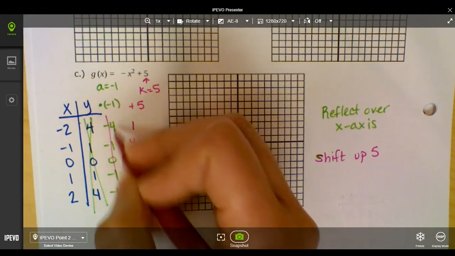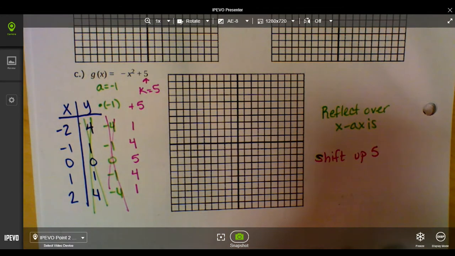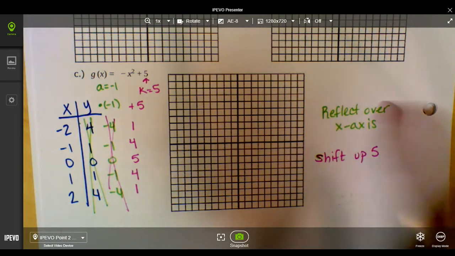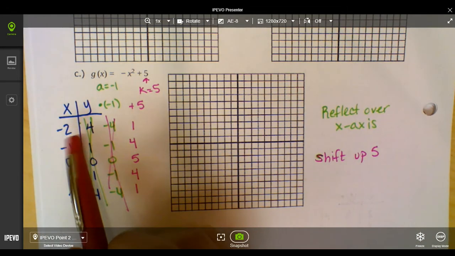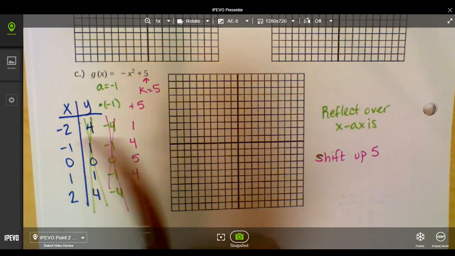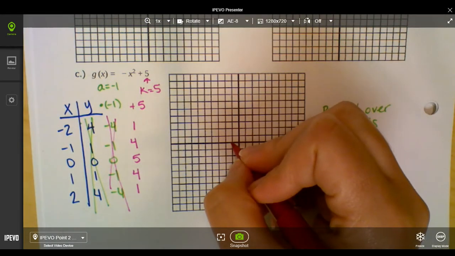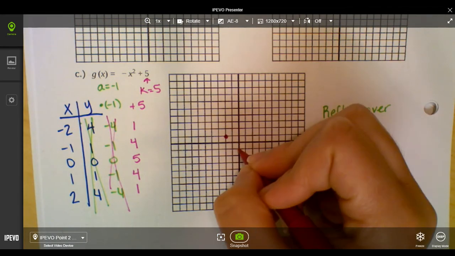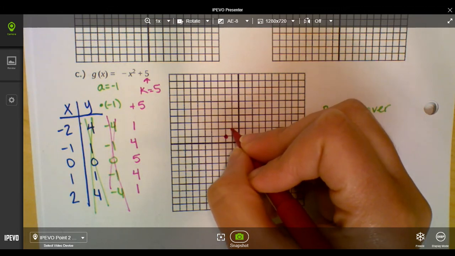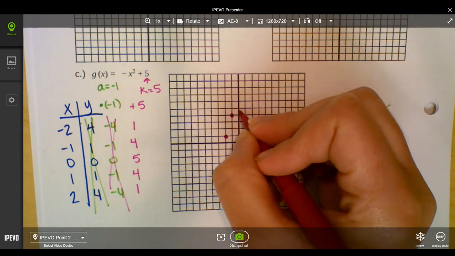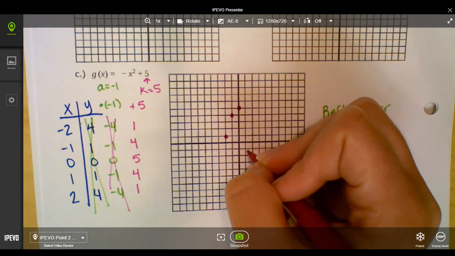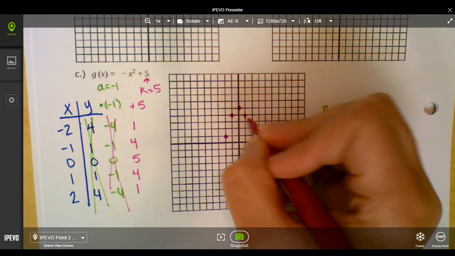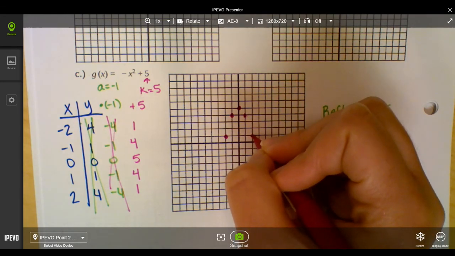And then that means I don't need these values anymore. So what am I actually graphing? I'm graphing the points -2, 1, -1, 4, 0, 5, 1, 4, and then 2, 1.